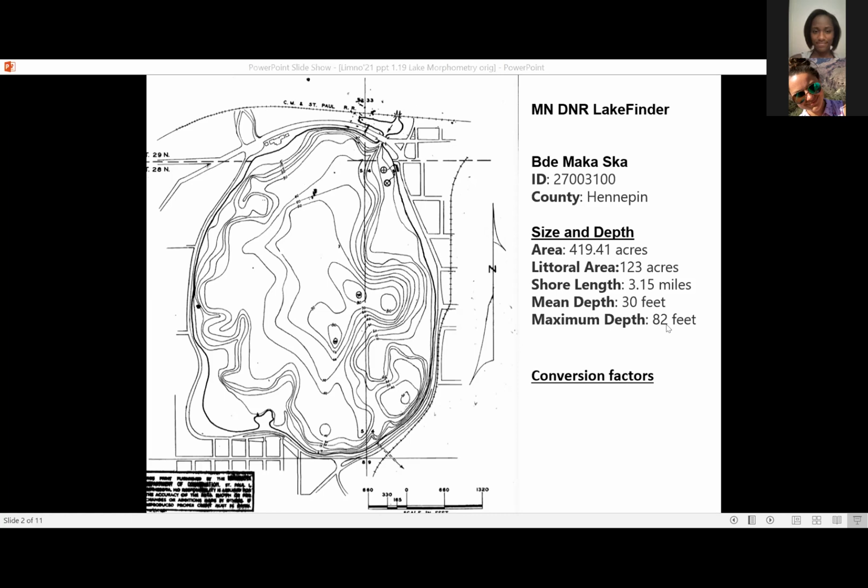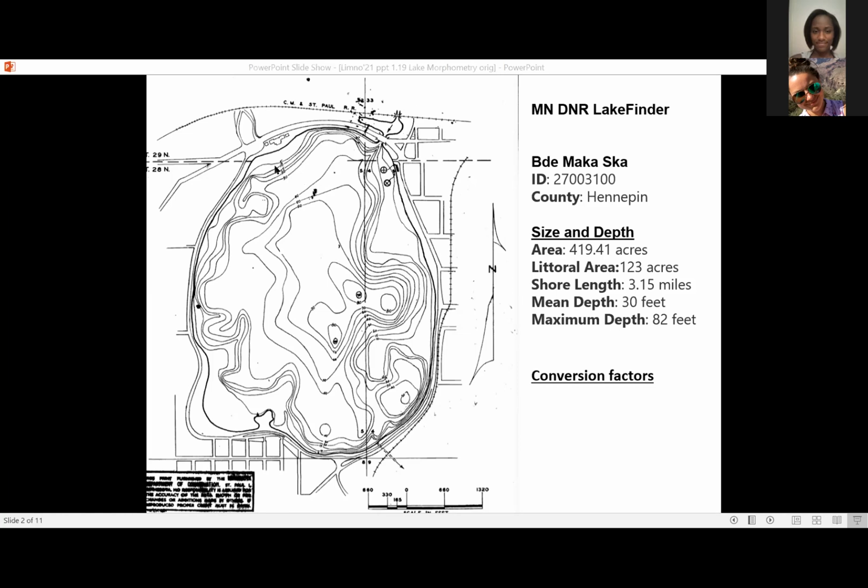How do you figure out what the average depth of a lake is? We're not going to actually do it, but there are different ways to do it. Basically it involves finding out how much of the area of the lake has that depth. The entire lake is 0 to 10 meters deep.